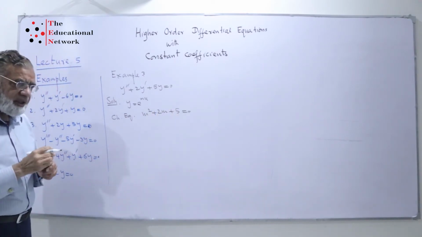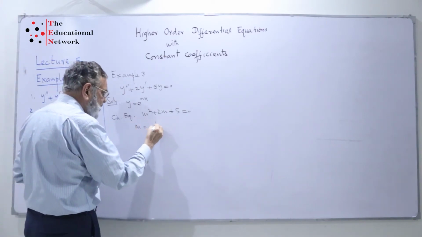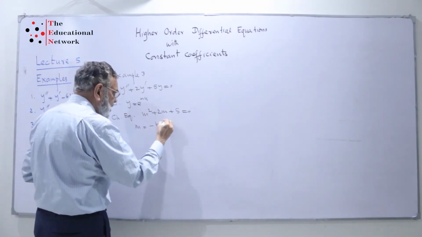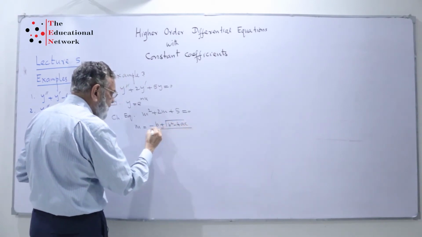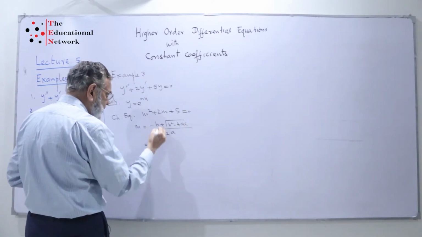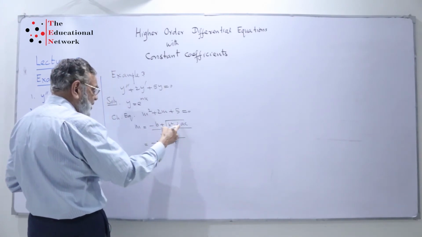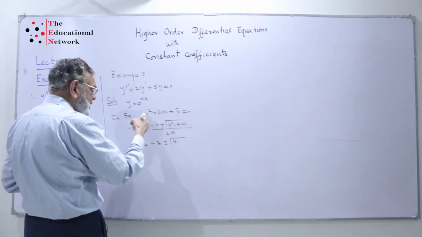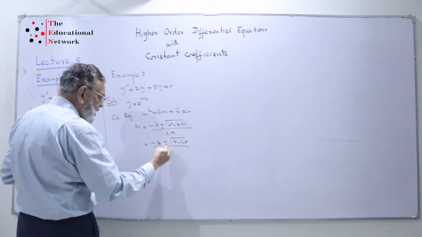So I go for the quadratic formula: minus b plus minus root of b square minus 4ac over 2a. So b is 2, so we get minus 2 plus minus root of b square, here is 2, we get 4, minus 4ac, 4 multiplied by 5 is 20, and this is minus 20, over 2a. a is 1, we get 2.